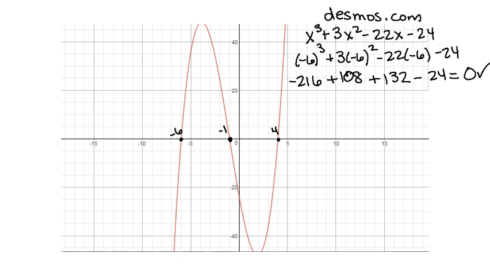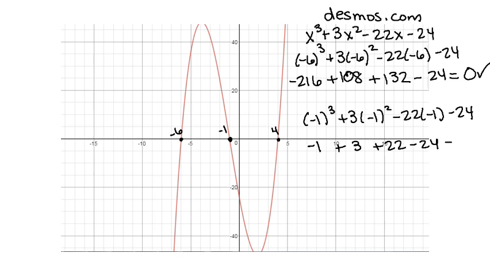And then when I check negative 1 as well, negative 1 cubed plus 3 times negative 1 squared minus 22 times negative 1 minus 24. We end up with negative 1 plus 3 plus 22 minus 24, which is also 0. And so that is pretty much the whole process from start to finish.